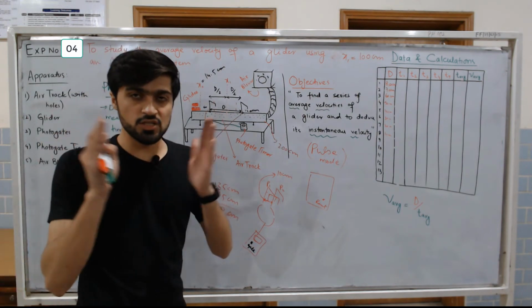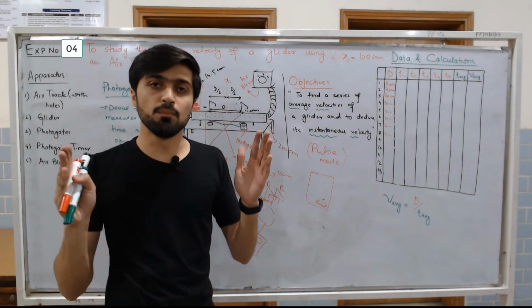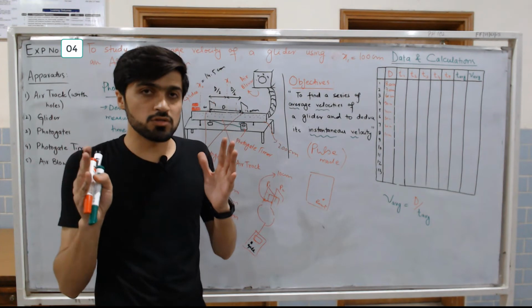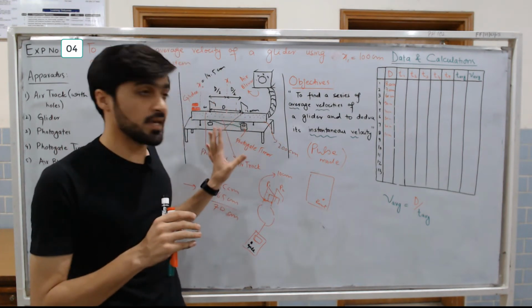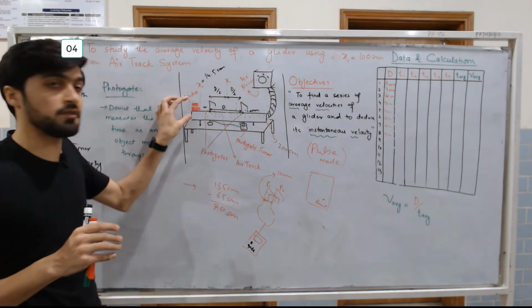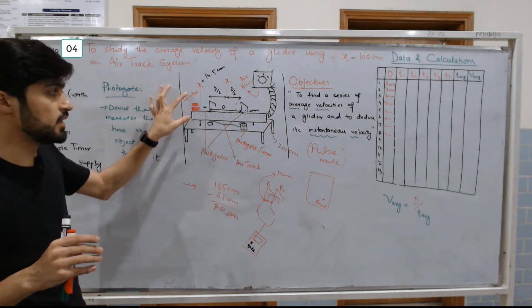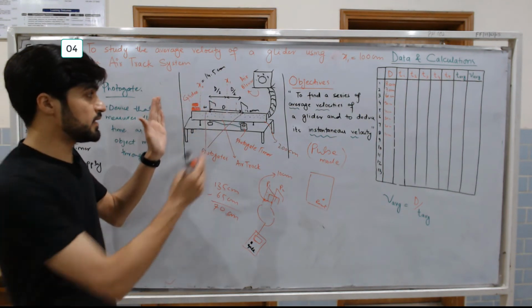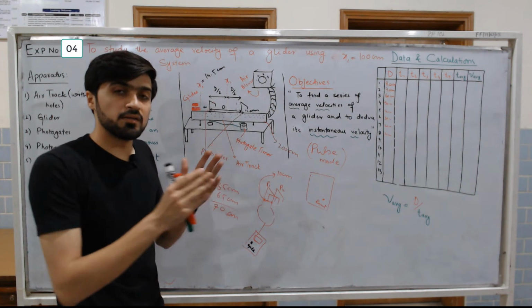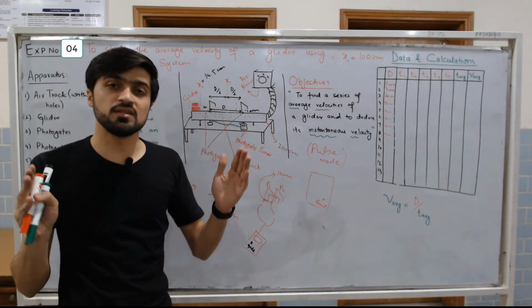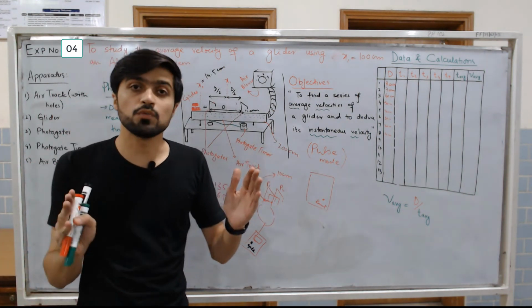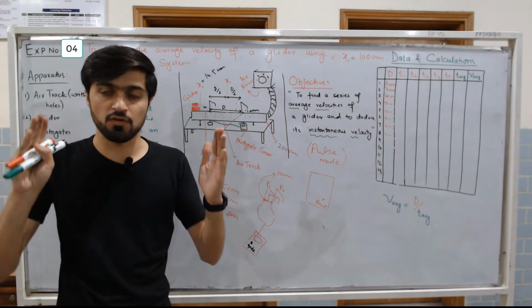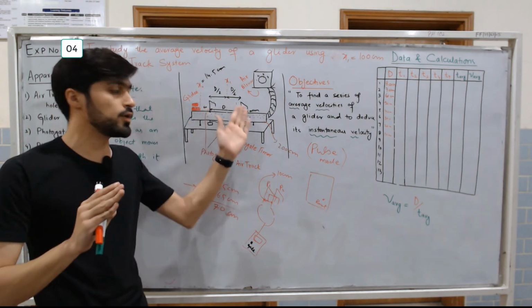If the distance is large, it will take more time. The force is fixed, the frictional force is fixed. For the first case, the distance of 80 centimeter is more, so it will take more time for the glider to move from this photo gate to this photo gate.